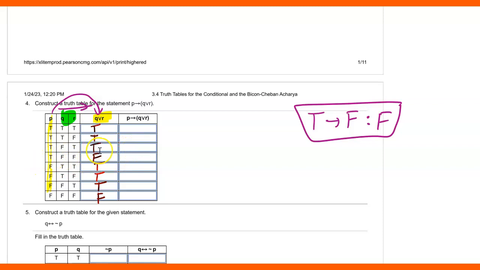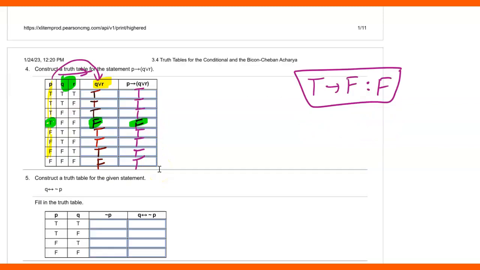And T arrow F is F. Therefore, when you fill this blank here, it's going to be T, T, T, F, T, T, T, T. Notice that this is only F here because T right arrow F is going to be F. Other than that, this is always true.